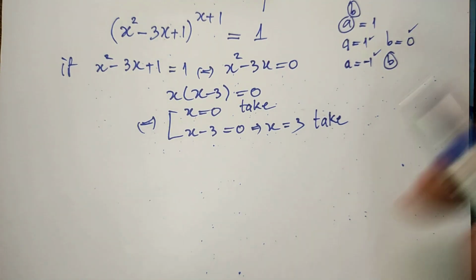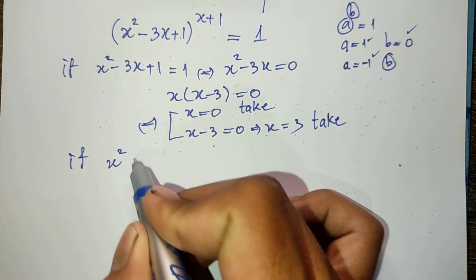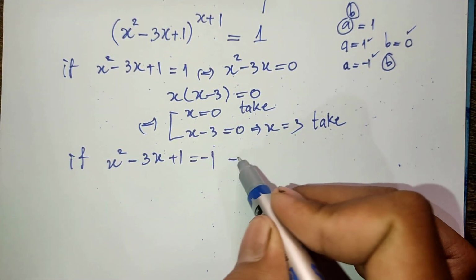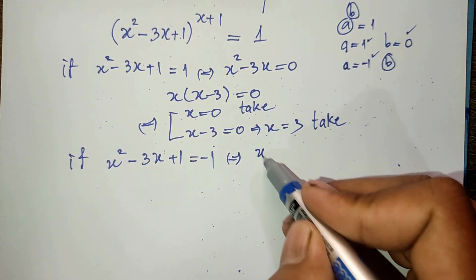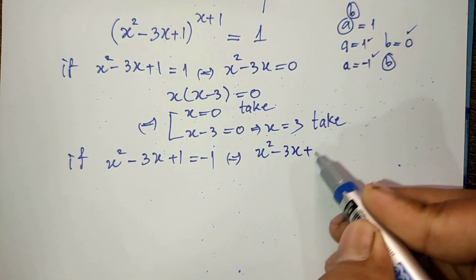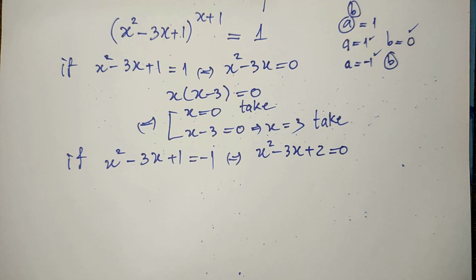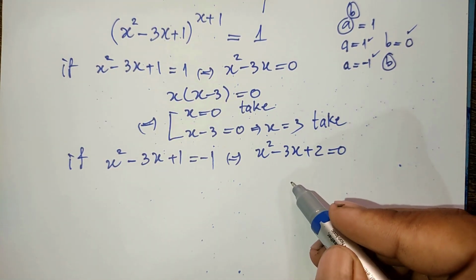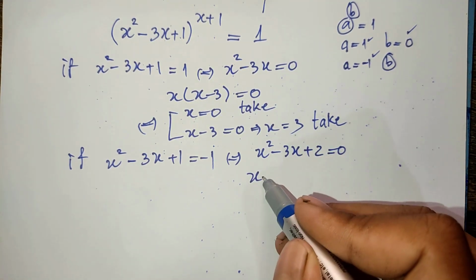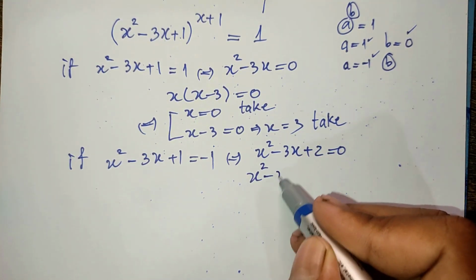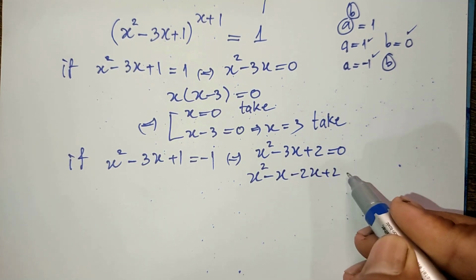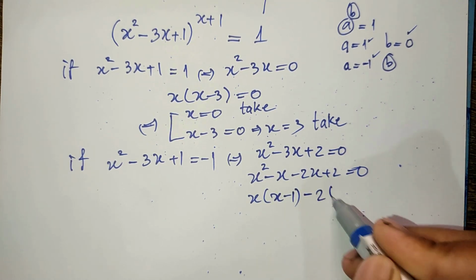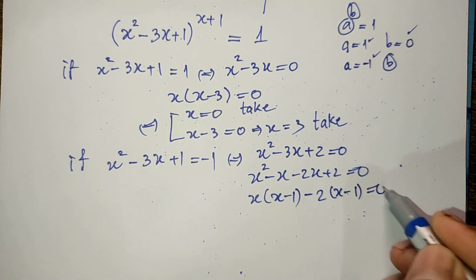And now if x squared minus 3x plus 1 equals minus 1, we get x squared minus 3x plus 2 is equal to 0. And so now we can factor, and we get x squared minus x minus 2x plus 2 is equal to 0, and we get x multiplied by x minus 1 minus 2 multiplied by x minus 1 equals 0.